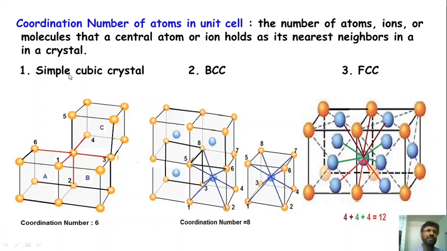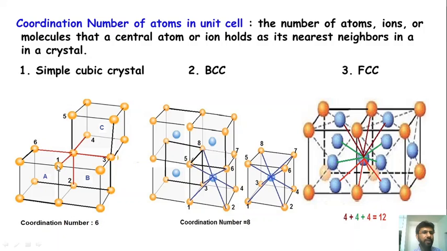In the case of the simple cubic crystal structure, if we consider three unit cells here, and one of the atoms is here, then it gets coordinated with the other atoms, such as atom 1, atom 2, atom 3, atom 4, atom 5 and atom 6 here.